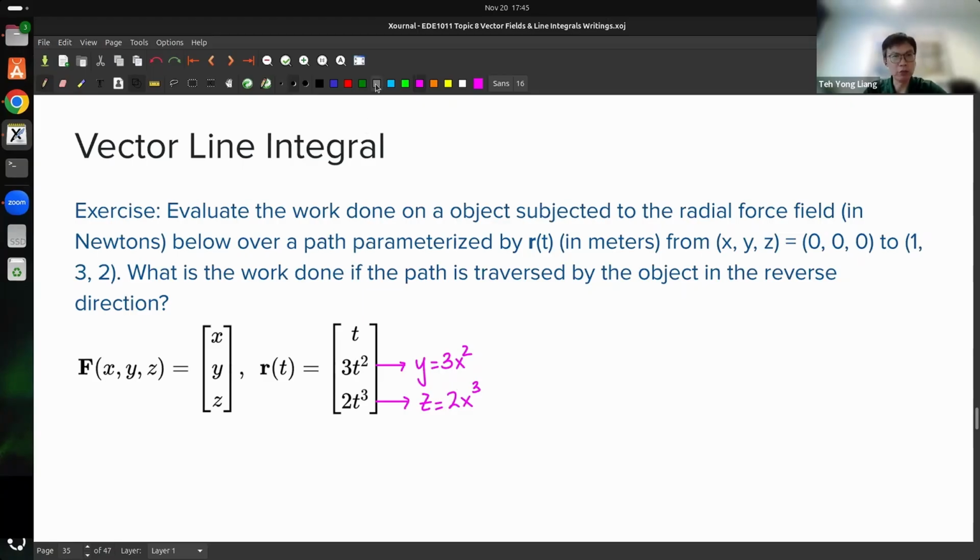If you draw it out, the path looks like this, with axes x, y, and z. If you draw y equals 3x squared on the xy plane, it looks like that. Let me see, 1, 3, 2. We start from the origin, 0, 0, 0, as the start point. Then the end point is at y equals 3, so the end point is somewhere here.